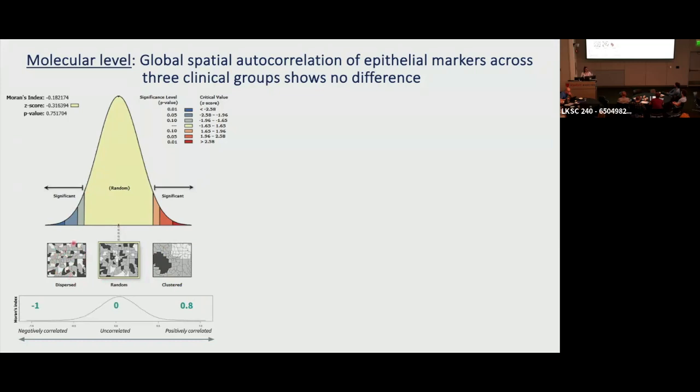If they avoid each other, that looks like this, and it gives us a negative spatial autocorrelation value. And of course, we used Moran's I to calculate this. And using Moran's I, we compared our distribution to random distribution to see if the observed pattern is statistically significant or not.